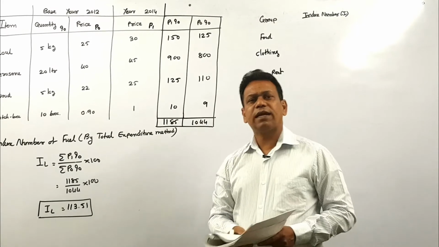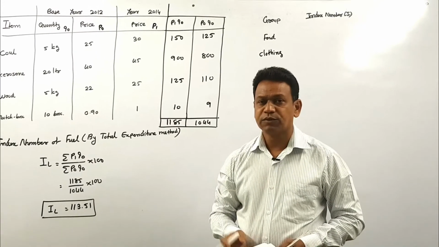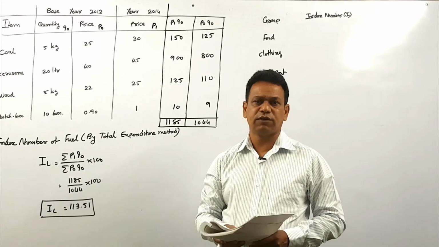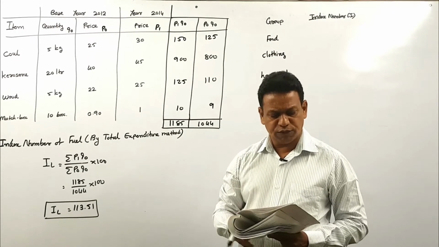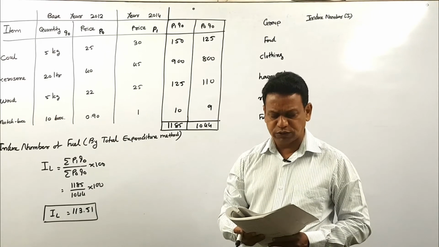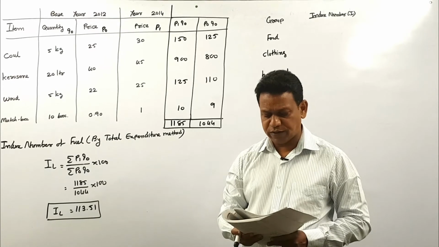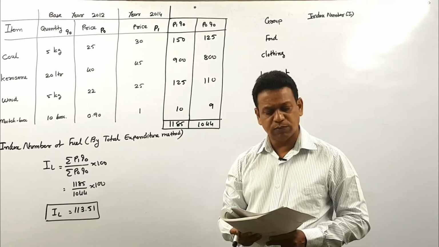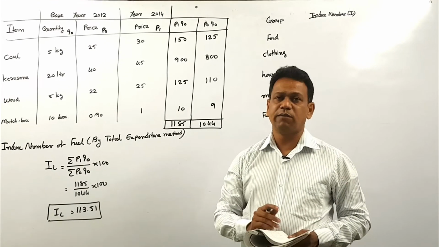Friends, after getting the index number of fuel, we have to move with the remaining data. In the remaining data they have given information: if the expenditure for food, clothing, house rent and miscellaneous groups in the year 2015 are 3, 2.5, 4.5 and 3.25 times. So my dear friends, the indices are available in a different manner.